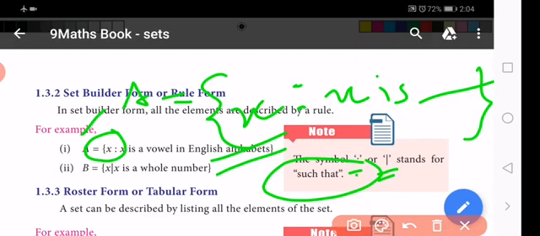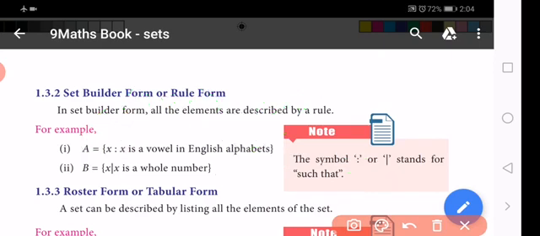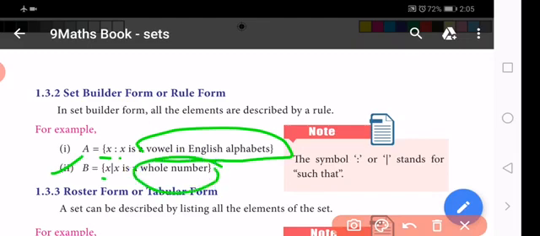For all x such that x is a vowel in the English alphabet. Set B equals, for all x such that x is a whole number. In this example, all the vowels in the English alphabet are called x, and all the whole numbers we use in mathematics, we say all the whole numbers as x.